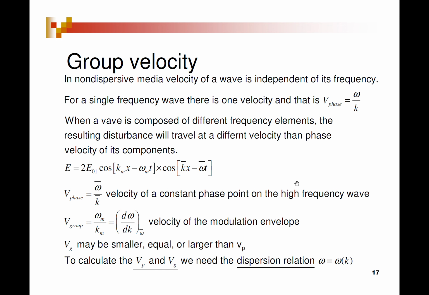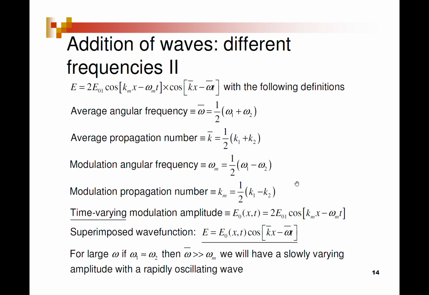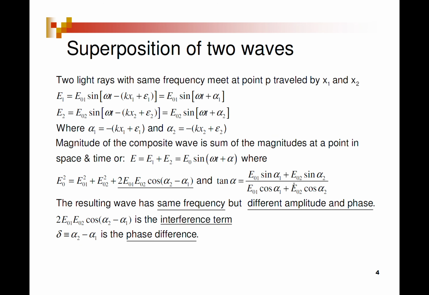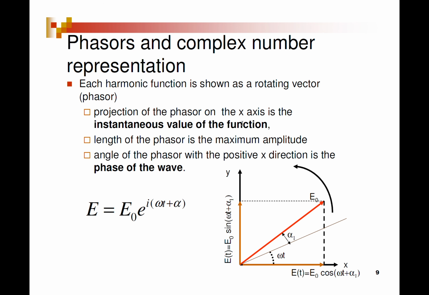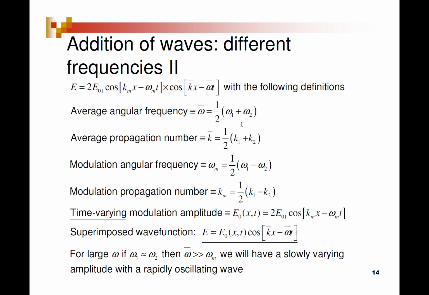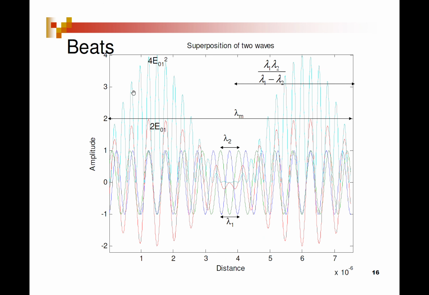So as you might know, we have considered the addition of waves, or superposition of the waves, and by superposition of two waves with the same frequency or different frequency, we have learned that, especially in this case, superposition with slightly different frequencies, the result is the beating, the red, and then the irradiance goes like this.